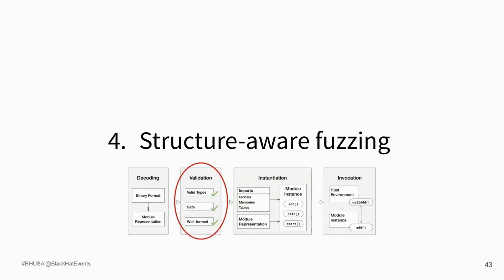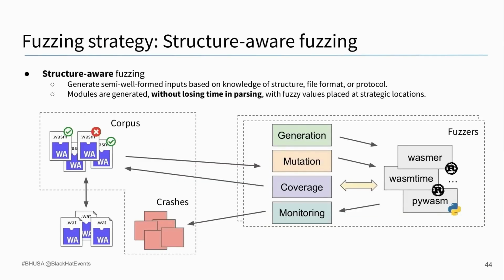So that was the first step. I got even more stuff in my corpora, which is good, but it's still not enough. When I'm fuzzing at this moment, I will always be stuck going through the decoding phase and then the validation phase. So what I decided to use is structure-aware fuzzing, where, since I have knowledge of the internal WebAssembly module structure, I can generate valid WebAssembly modules directly from scratch inside my fuzzer.